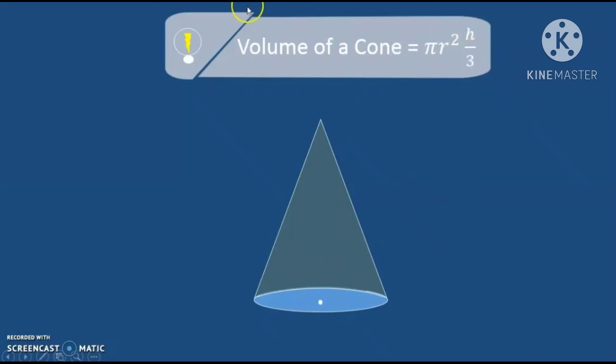When you are looking for the volume of a cone, this height over here is referring to the actual height of the cone, definitely not the slant height. So, without further ado, let's try a question together.